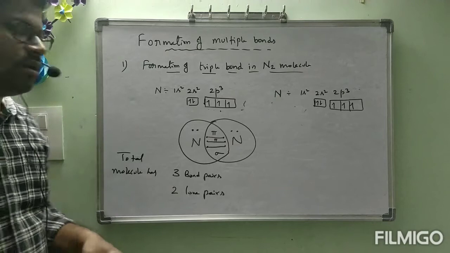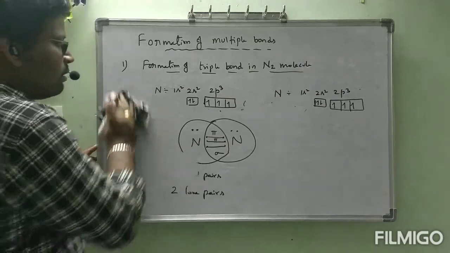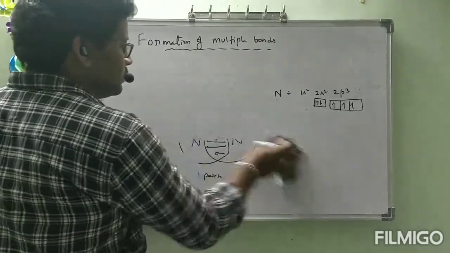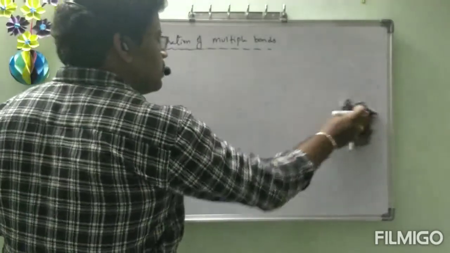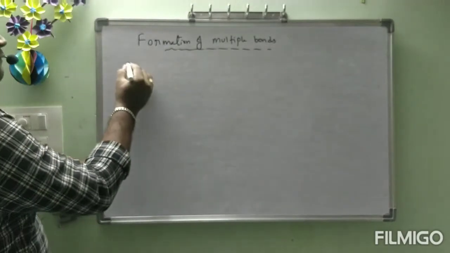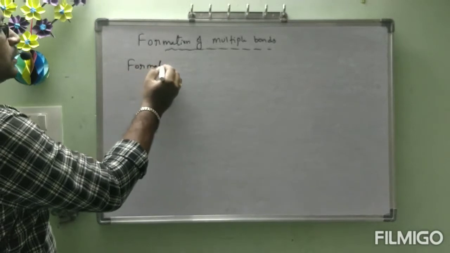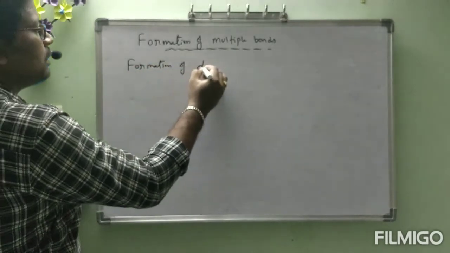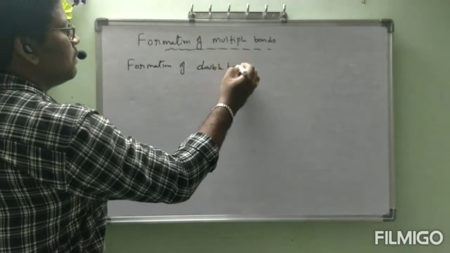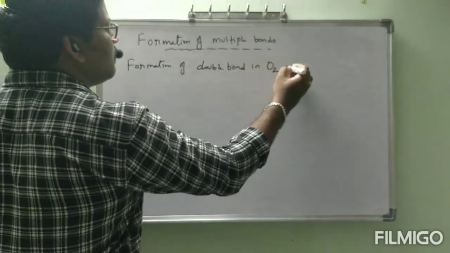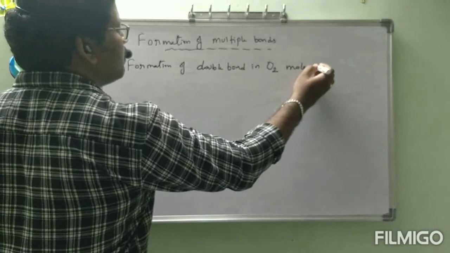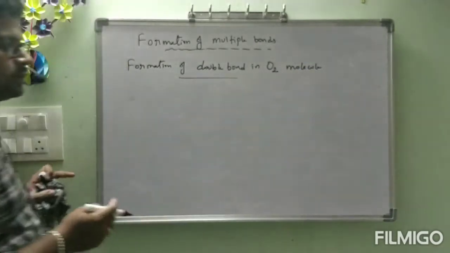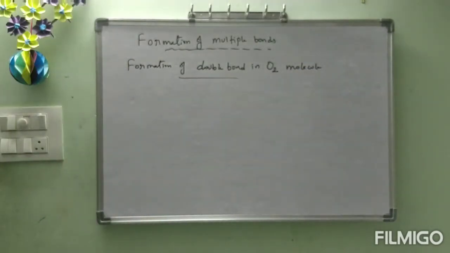Next side heading. Formation of double bond in O2 molecule. Let us see what about the double bond formation in O2 molecule, all of you. Okay, till this I hope you understood, everyone.